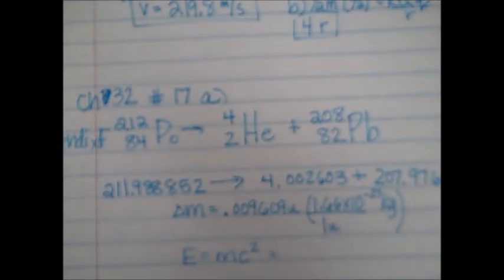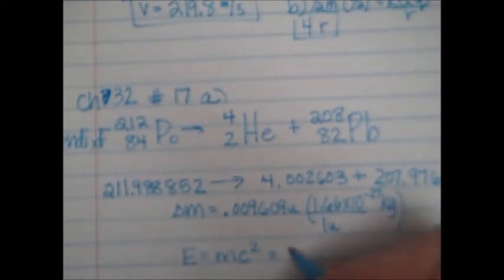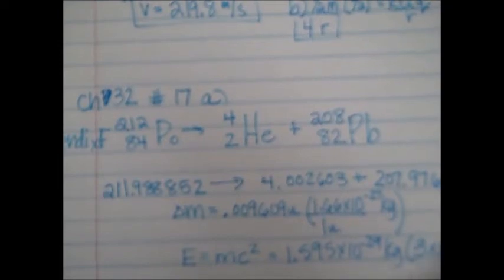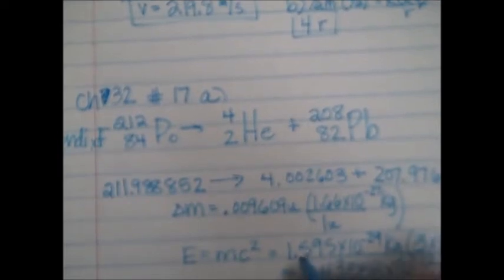So 0.009609 times 1.66 e to the minus 27 is 1.595 times 10 to the minus 29 kilograms, times c squared. c is just 3 times 10 to the 8th, obviously. And we're able to get 1.43558 times 10 to the minus 12 joules of energy in that reaction.